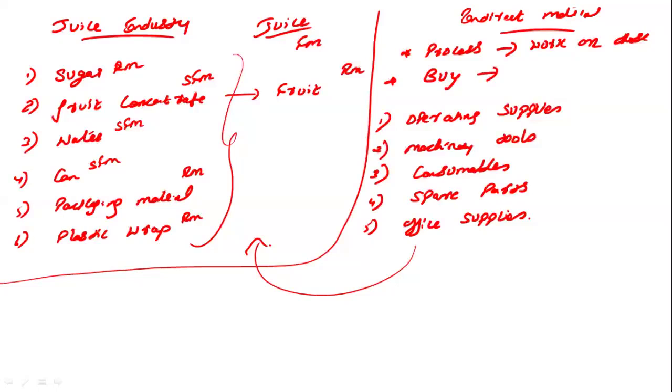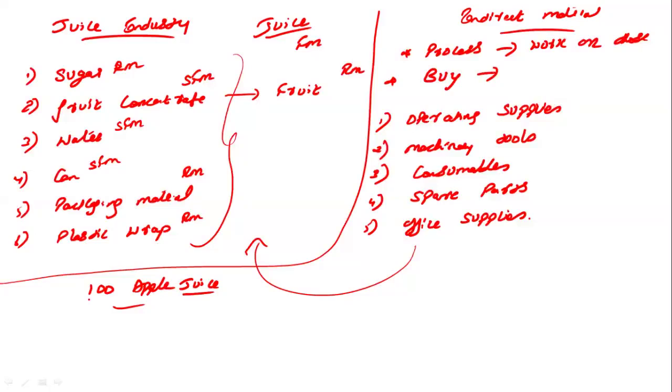So why am I speaking about direct material and indirect material? Because the planning for direct material and indirect material is going to vary. How does the planning vary? Assume that you got an order of 100 apple juice. As soon as I get an order of 100 apple juice in a certain period of time, we will start planning for 100 apple juice. You know that per apple you can produce one juice.